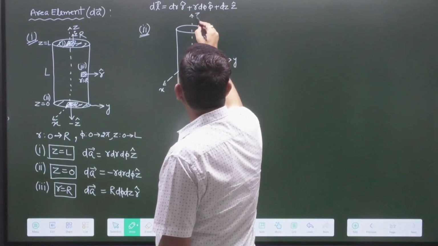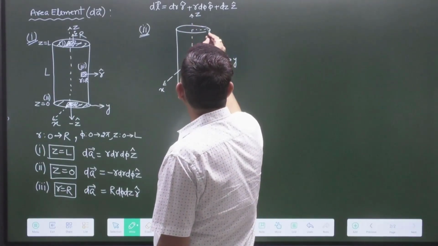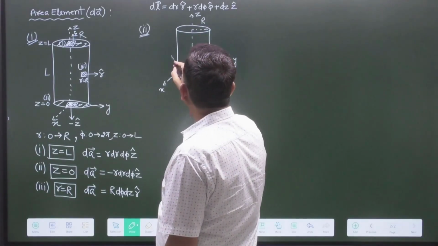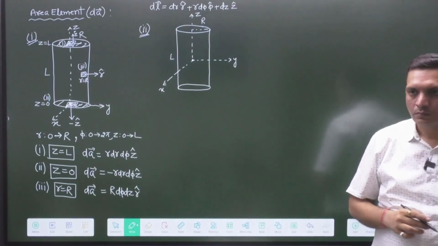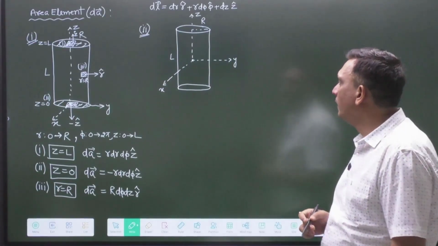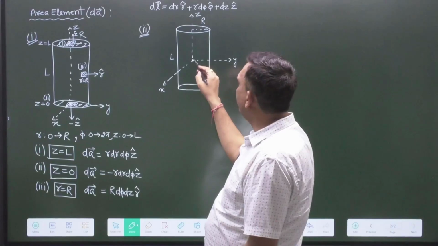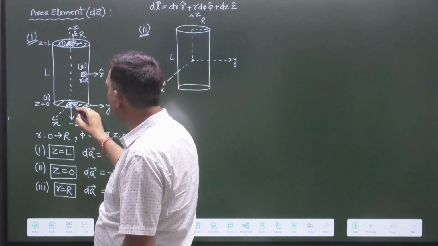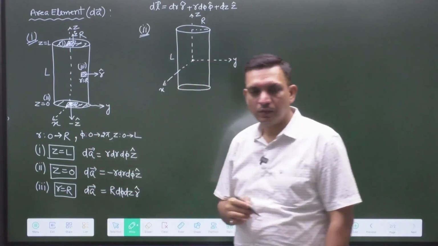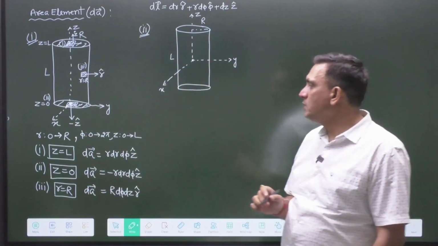This is x, y, z, centered at the origin. Radius is r, length is L. Now the origin is at this point, so you have to specify limits accordingly.